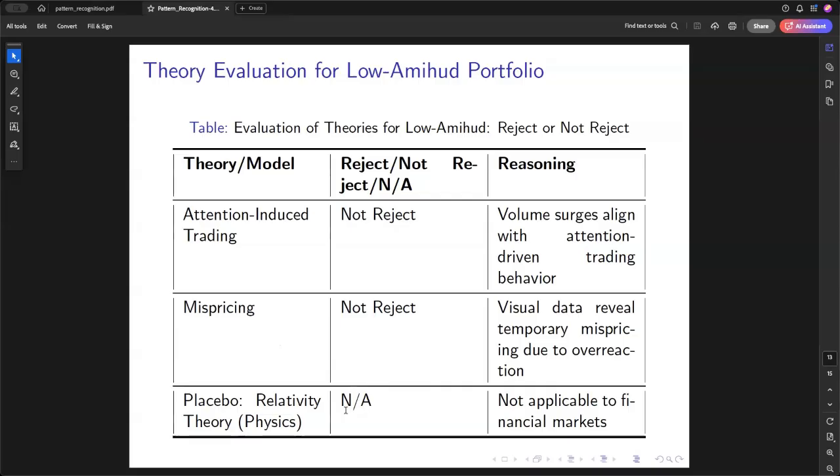I also feed some not directly related papers as a placebo, and it says they are not related, not available. So, for example, the relativity theory in physics, which may not be directly applicable to financial markets, then they say not available.